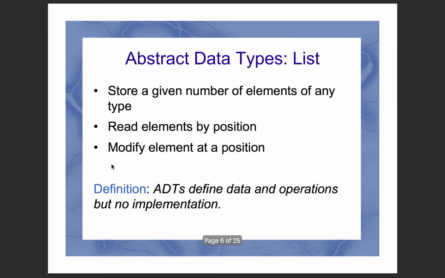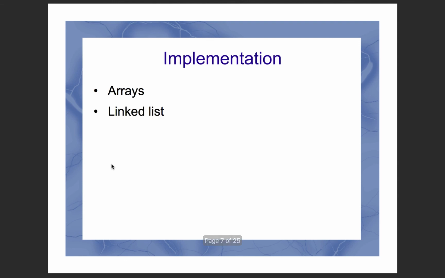So list was the general idea. It's the abstract data type. But if you go to an implementation of list, we can talk about arrays and linked lists. You already learned arrays in your previous course 168. Arrays are a kind of list.